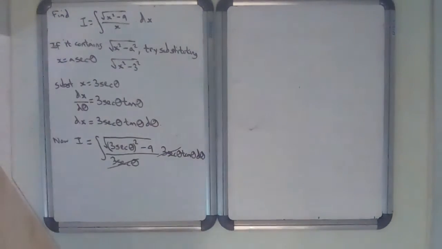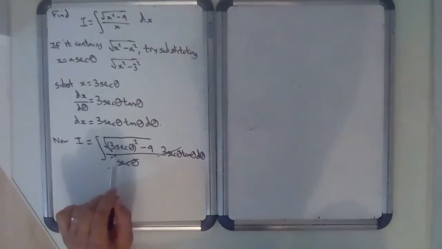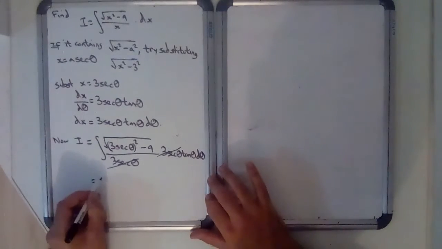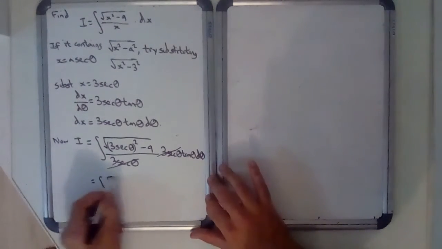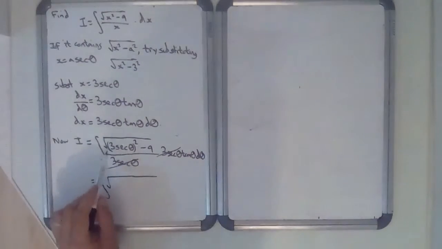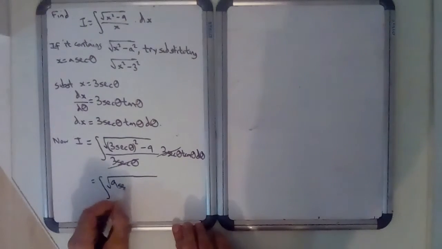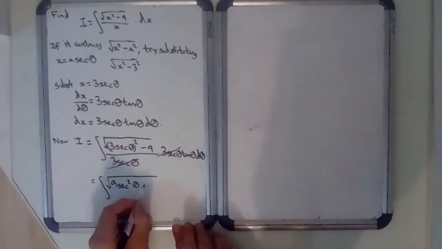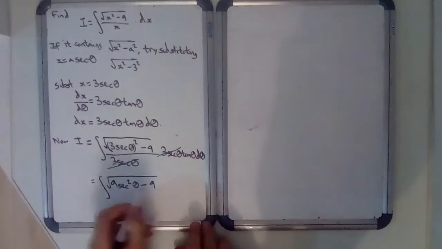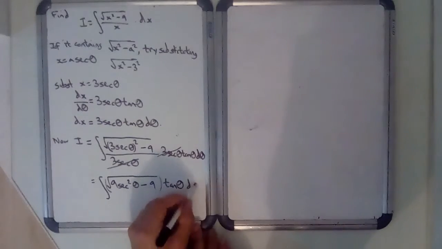There's not much else we can do yet, so we are going to expand that bracket, 3 sec theta squared, and see where we get to. So this equals the integral of the square root of, well, 3 sec theta all squared is 3 squared times sec squared theta, which is 9 sec squared theta, minus 9, times tan theta d theta.